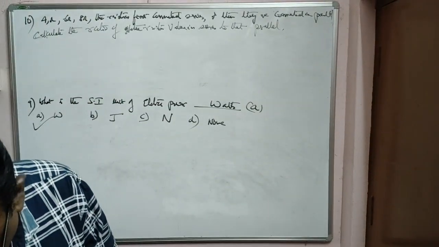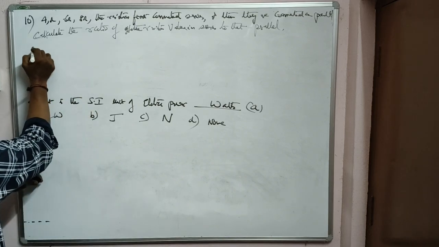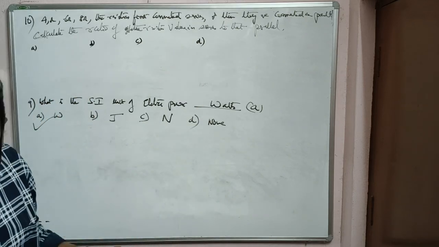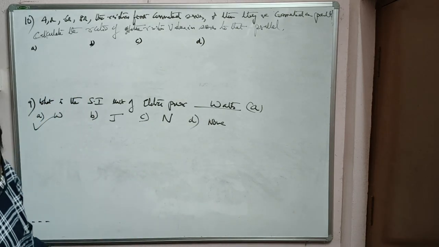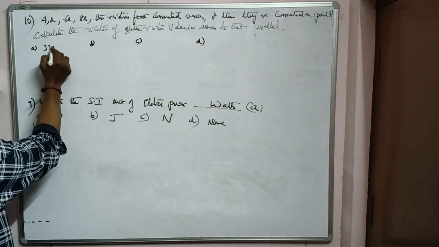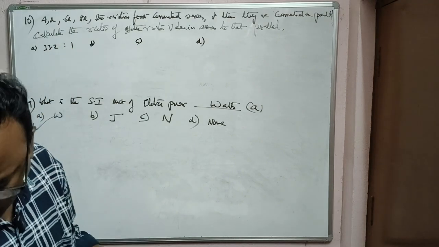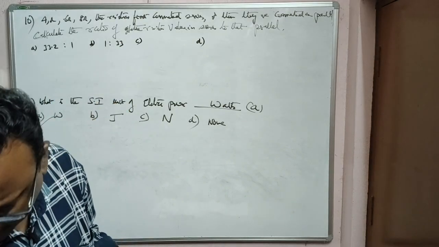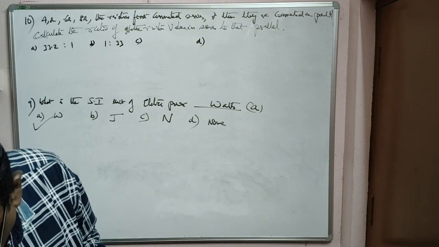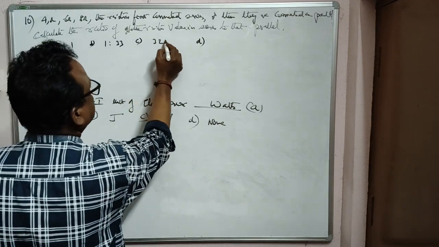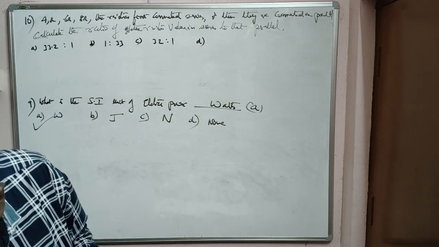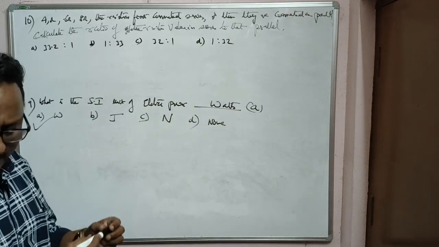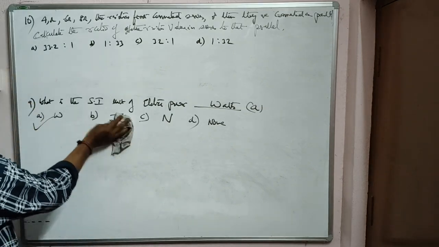Is given choice A, B, C, D. First one is given as 33.2:1, B 1:33, and C 32:1, and D 1:32. Little twisting problem but very easy one if you try it. Let us do the solution now.